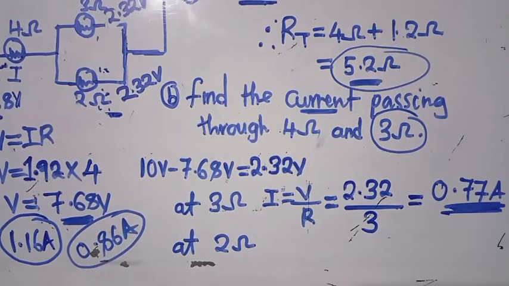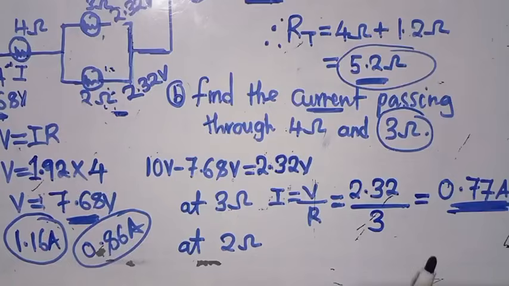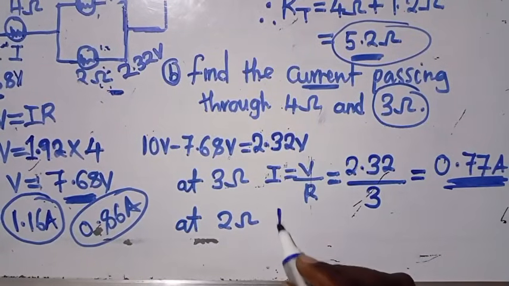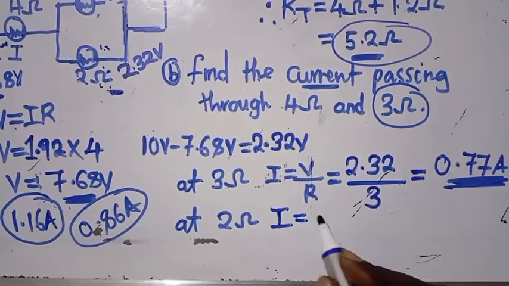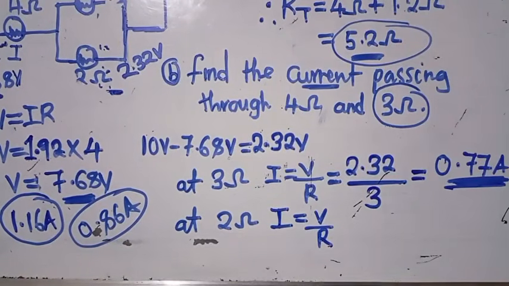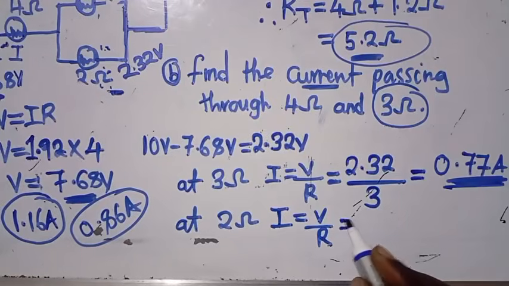Okay, according to you, let us calculate. For us to have different answers, it means that some people have not gotten the concept. So what we are going to do is this. We say current is equal to voltage over what? Resistance. This is the formula we are going to use.